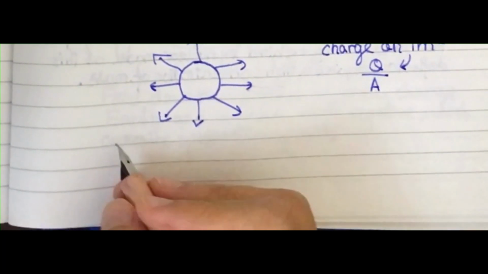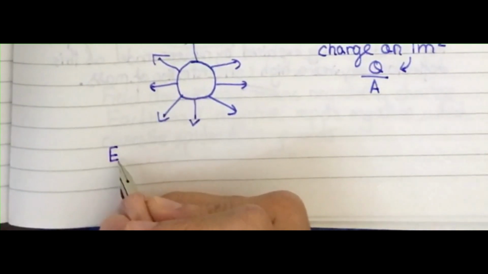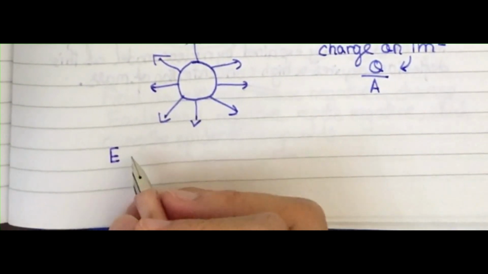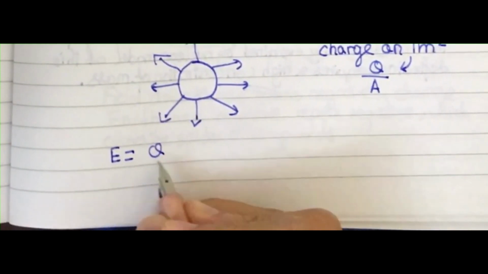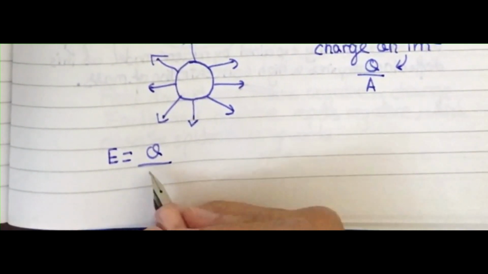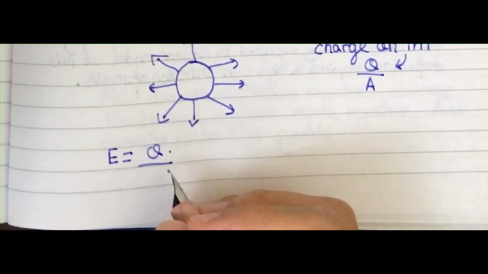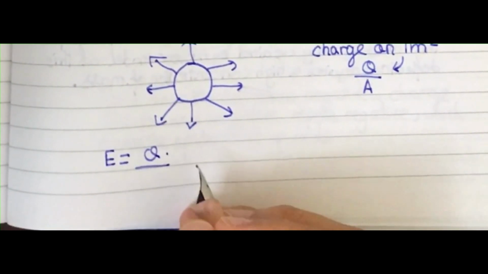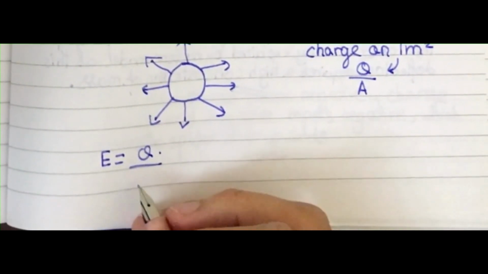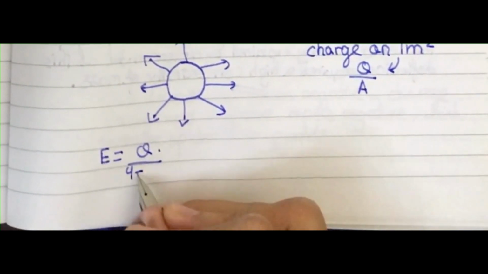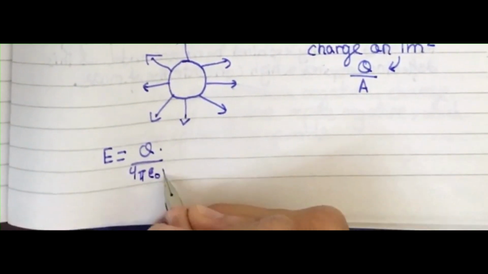So we're going to use the formula for the electric field of a radial field, which is E equals Q by, you can make it times K, but it's preferred not to because we are dealing with the area right now. So we're going to write it as 4 pi permittivity of space r square.